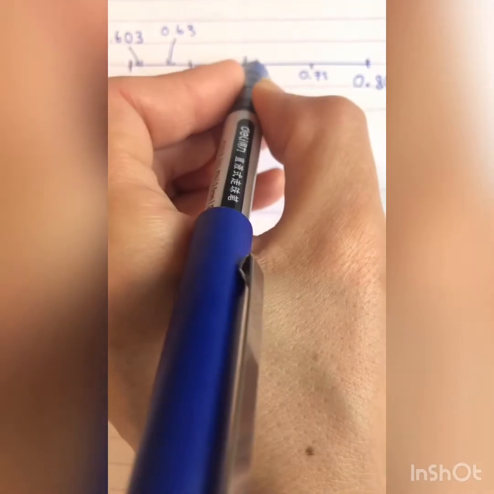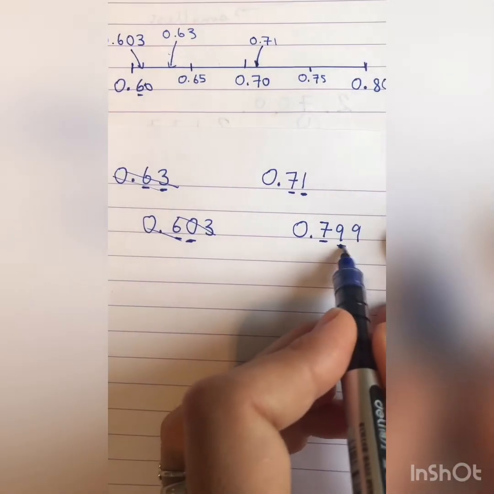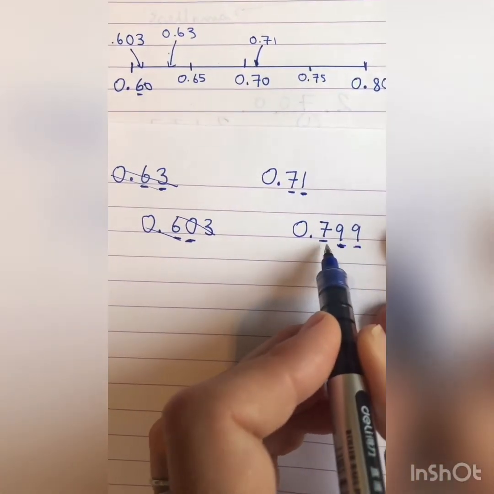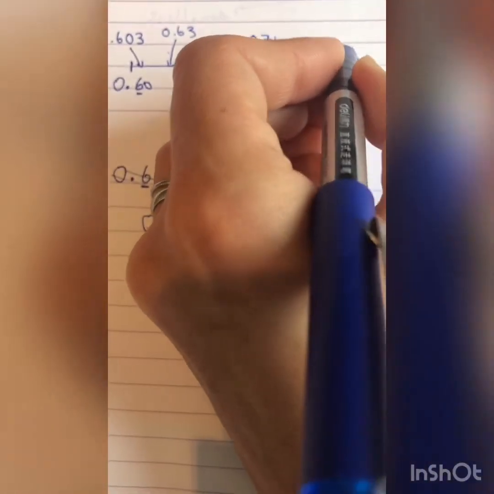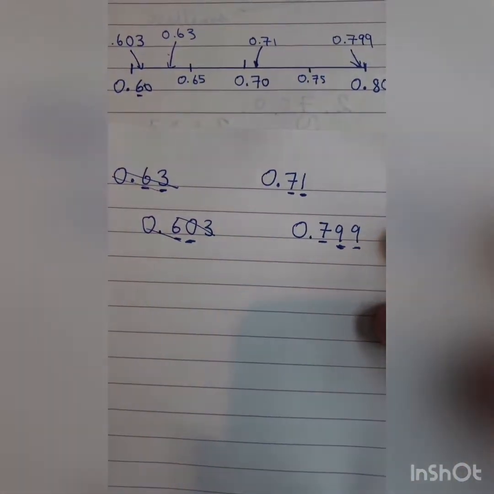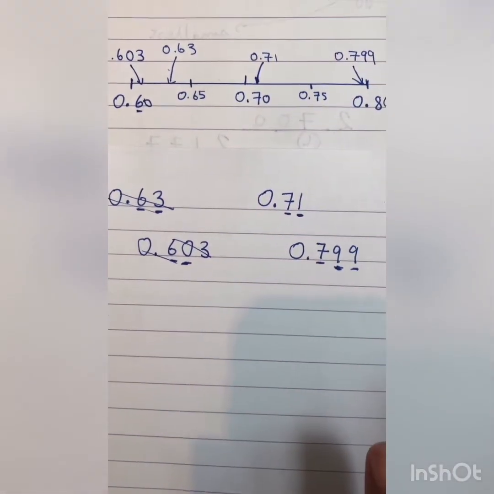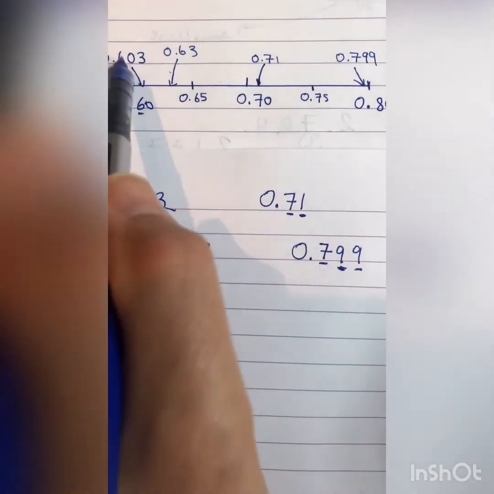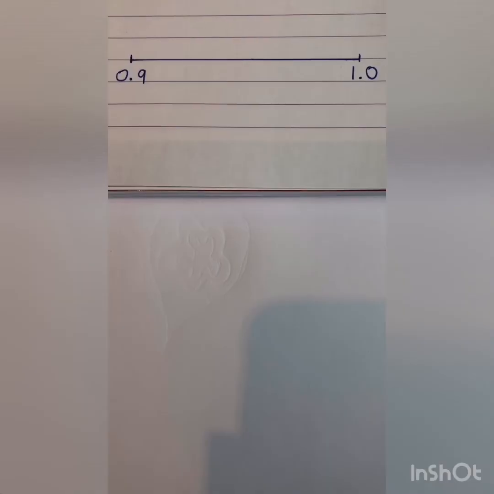So 0.71 is just going to be about here somewhere. And 0.79, there's a 9 there as well. So this is almost 0.8. It's very close to 0.8, so that's going to go right there. 0.799. There we go. So you can see our number line, and to put them in ascending order, that's the smallest, then that one, then that one, and then that one.